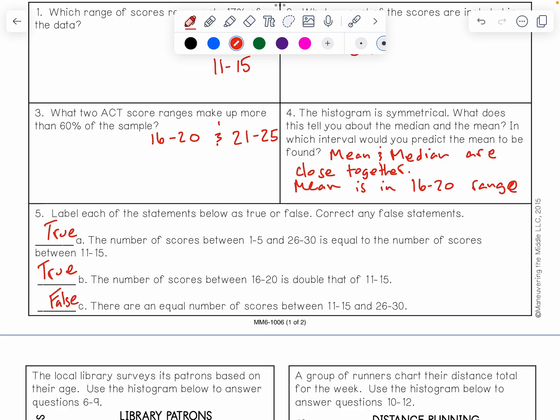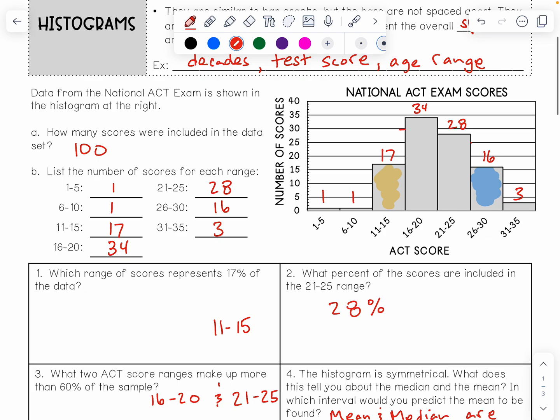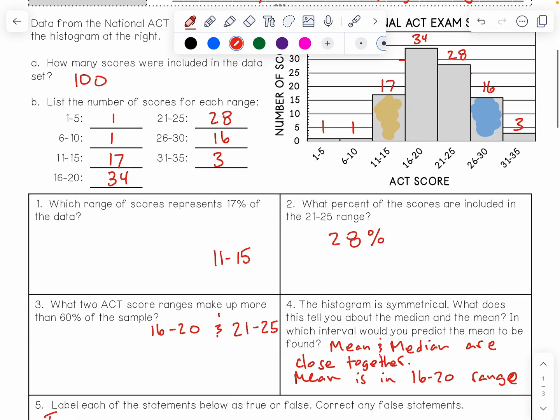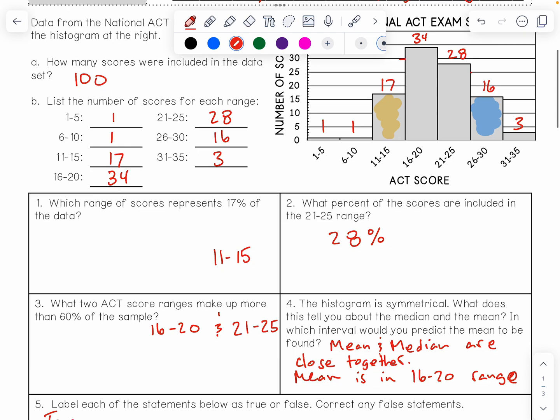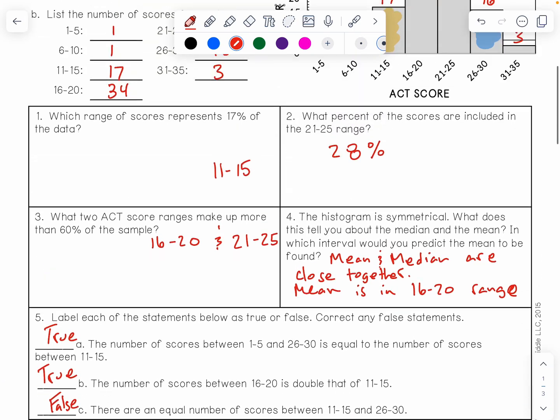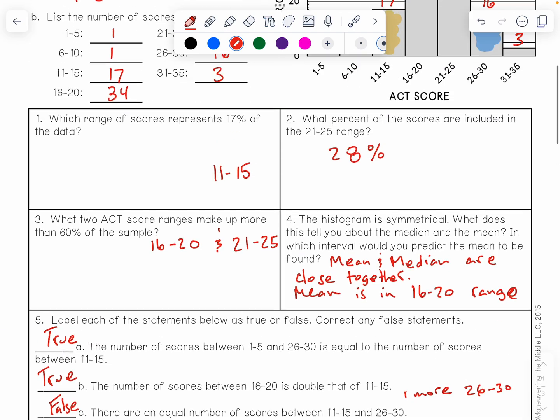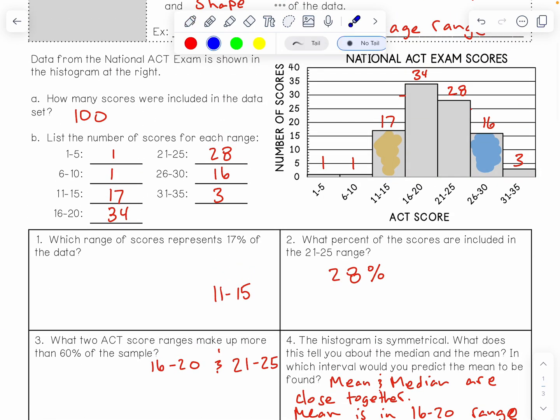There's more. We can say there's one more in 26 through 30. We can also say, if you want to find something that's equal, 1 through 5 and 6 through 10 are the ones that are equal to each other.